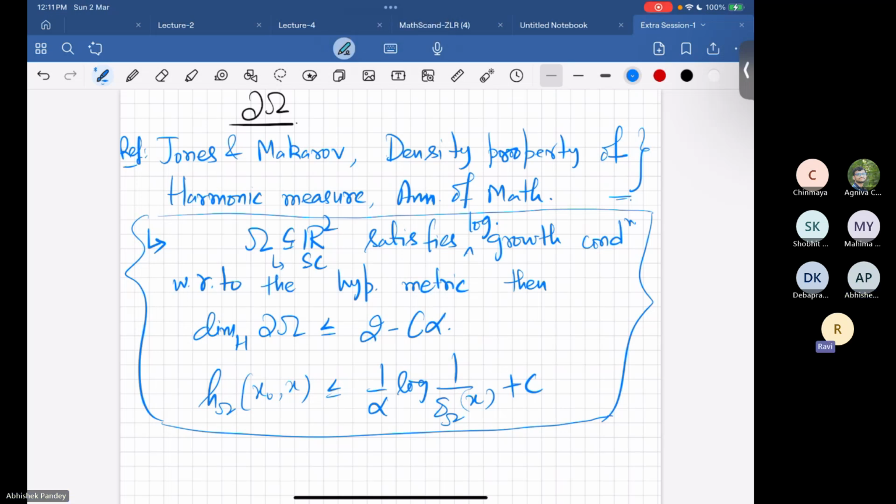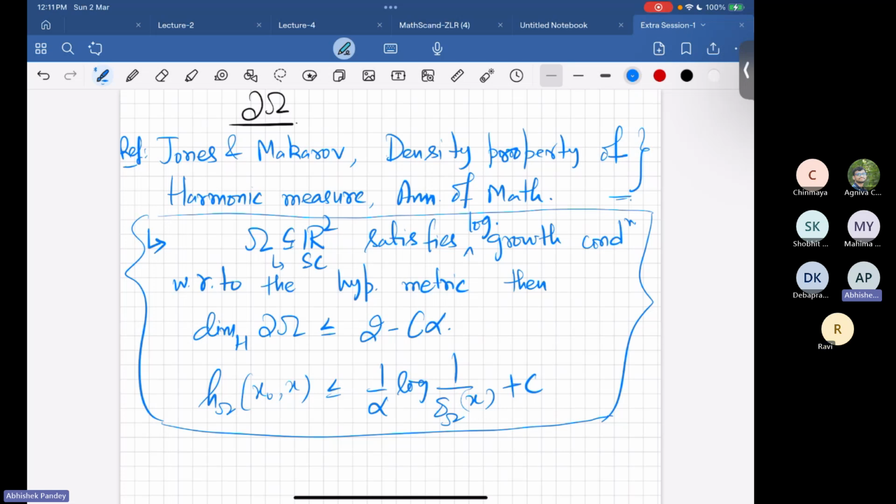In Cn, this Kobayashi metric will always satisfy this log growth condition, right? For a convex domain in Cn, I think for that the Kobayashi metric will satisfy it.